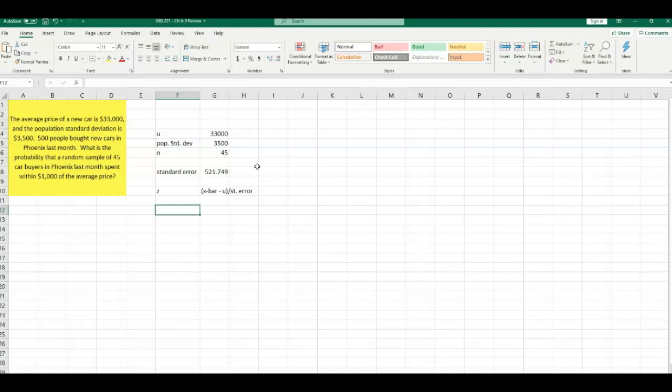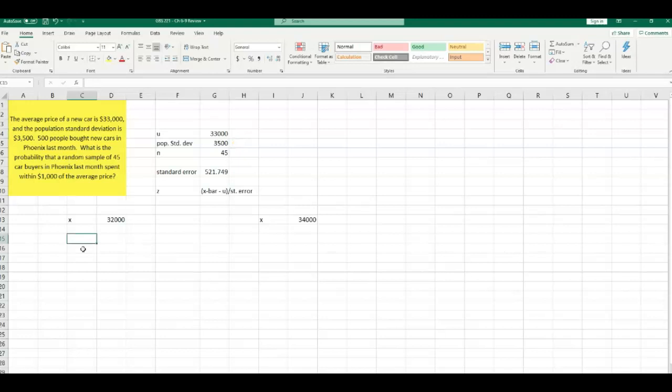So we want to know the probability that we're within $1,000 of the average price. That means $1,000 on either side, right? So we're going to have two different X amounts. We're going to have an X amount of 32,000, and then we're going to have an X amount of 34,000, right? Plus and minus 1,000 from this mean of 33,000.